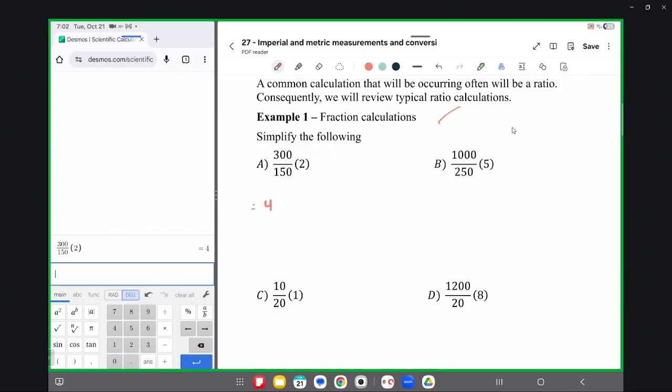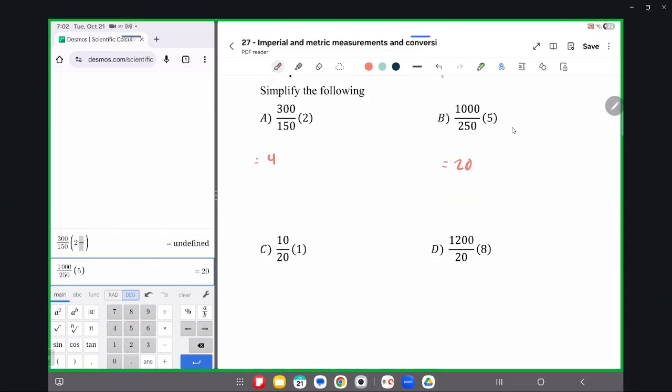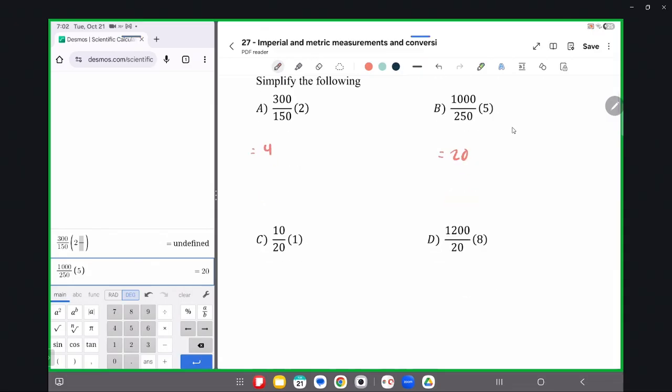Again, all you need to be able to do is to be comfortable with typing these things in. So if I have 1,000 divided by 250 multiplied by 5, the answer is 20. And it's perfectly okay to just type these into your calculator all at once. For letter C, we have 10 over 20 times 1. That's merely 0.5.